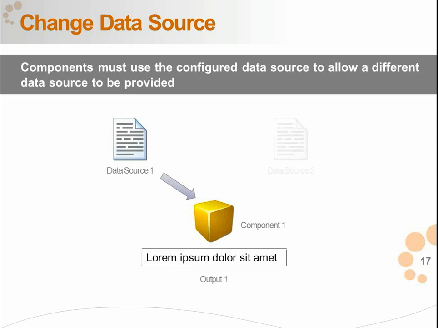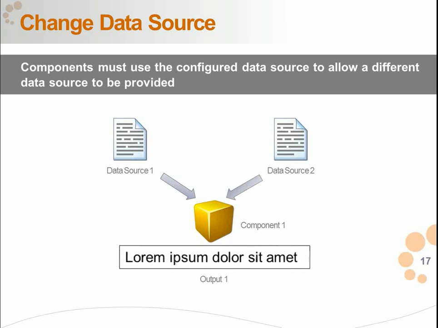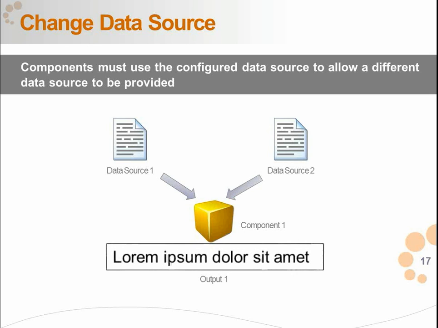Now, if I set a different data source with different data for the component, I'll expect that output to change. And if that output doesn't change, then that means that the component probably hasn't been written in the correct way. It's not paying attention to the data source. It's probably using some other kind of logic to find the content it needs to display, or it's using the context item.